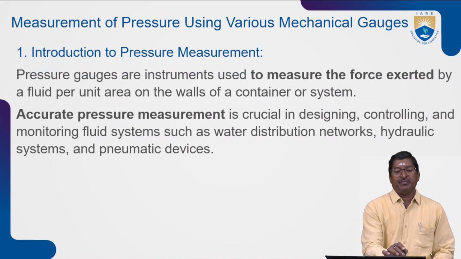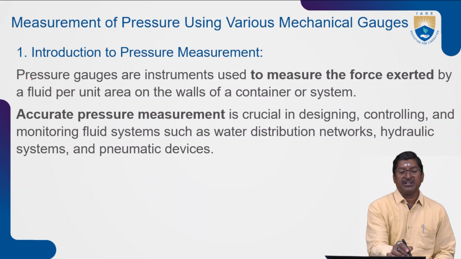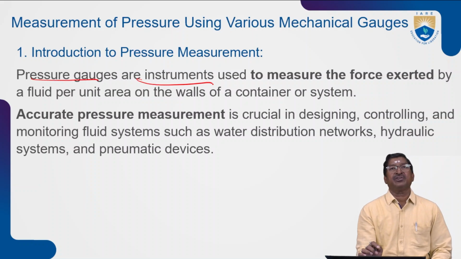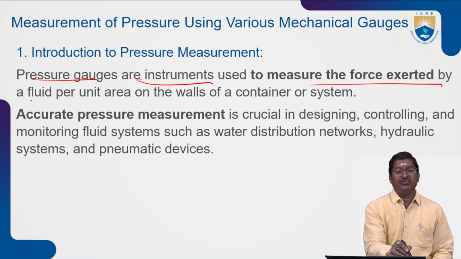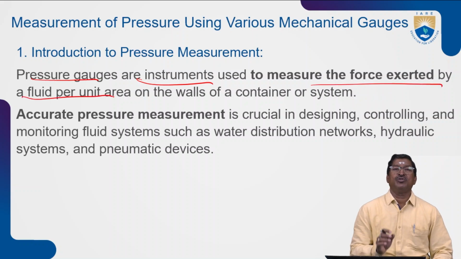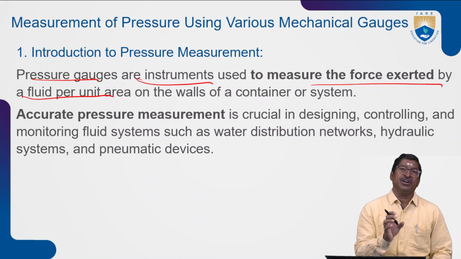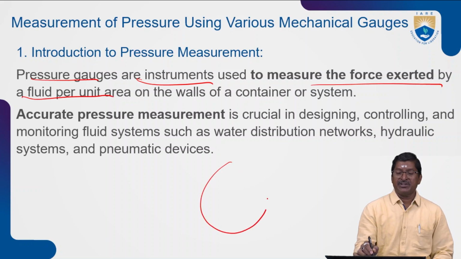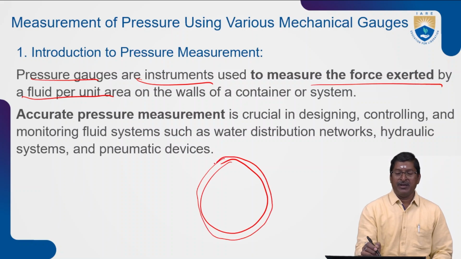Pressure gauges are nothing but instruments to measure the force exerted by the fluid per unit area. So how much force is exerted by the fluid? If it is a pipe, with fluid inside, it will exert some pressure onto the internal surface of the pipe material.